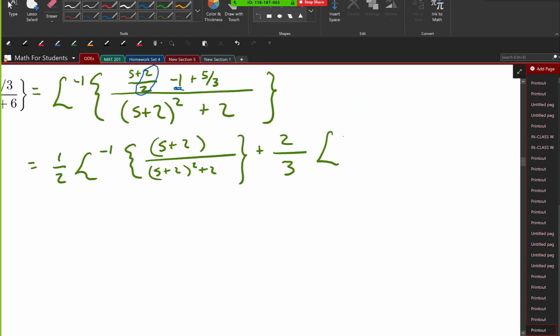Then we'll have the inverse transform of, in the denominator, we'd still have that s plus 2 squared plus 2. We factored out a 2/3, so I'd have a 1 there, but what I really want is a square root of 2. So let's give ourselves the square root of 2 there, and then compensate by dividing by the square root of 2 there.